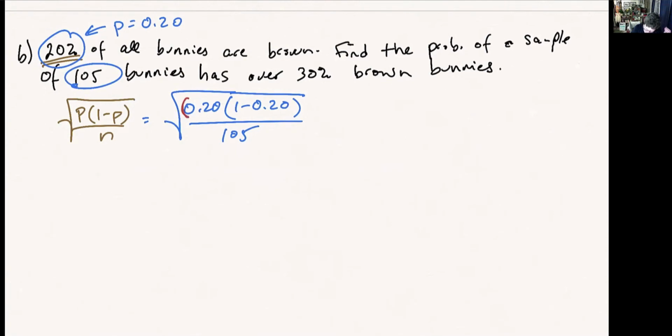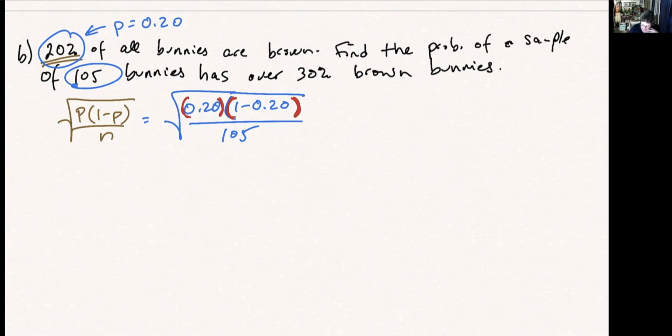I've got to put parentheses around the 0.2 and parentheses around the 1 minus 0.2. You might know that 1 minus 0.2 is 0.8, and that's fine. You can put in the 0.8, obviously. But I'm just using easy numbers here because I'm making these up as I go along. The subtraction isn't always as straightforward.